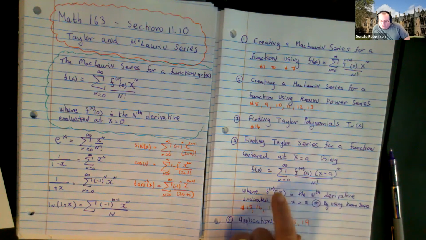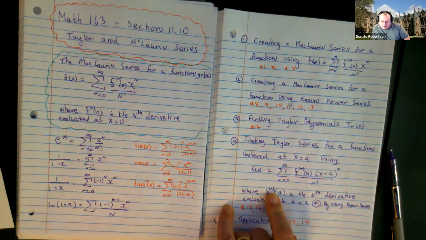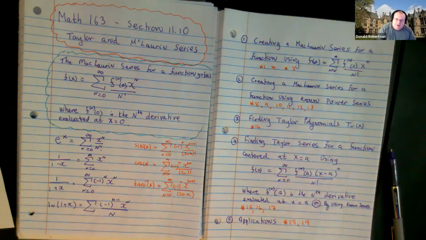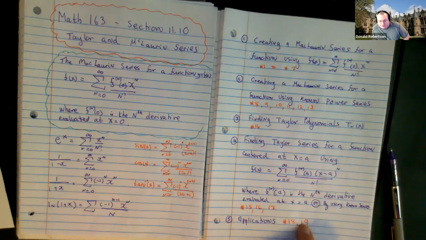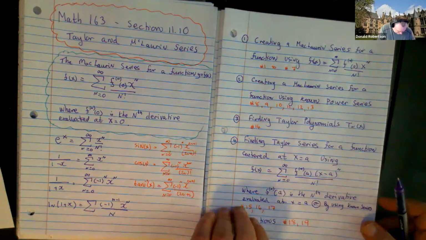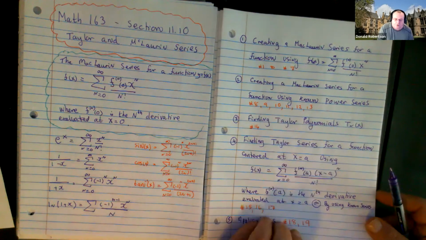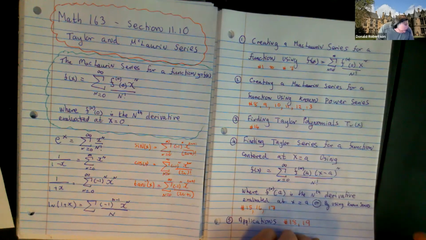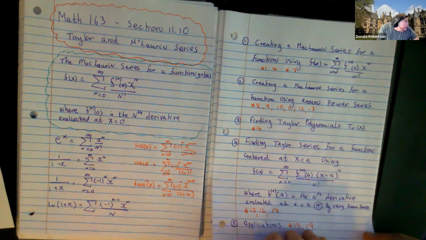So in these questions, you're trying to find a formula, a pattern for the nth derivative at a, because once you know that, you plug it in. And then you have a couple of application questions at the end. And then the next section is all about applications. But many of them are going to be Taylor polynomial applications. So that's the big picture of what's going to happen.